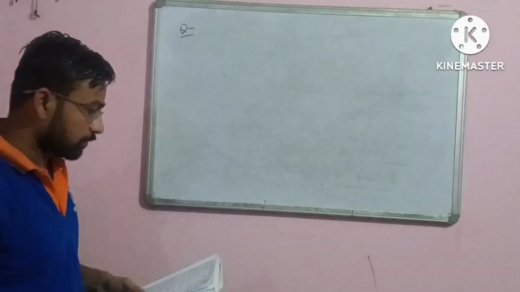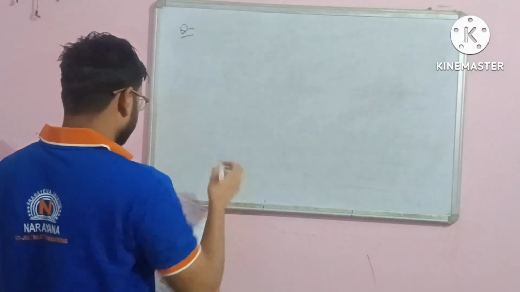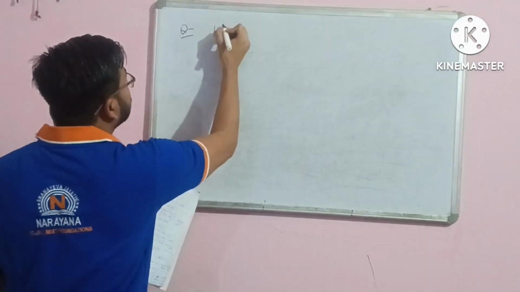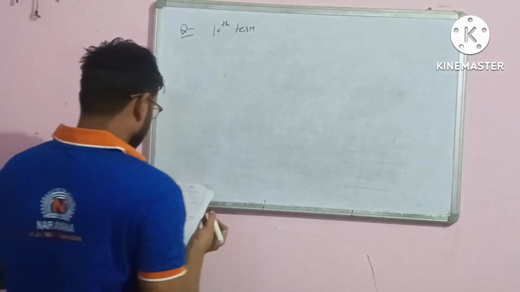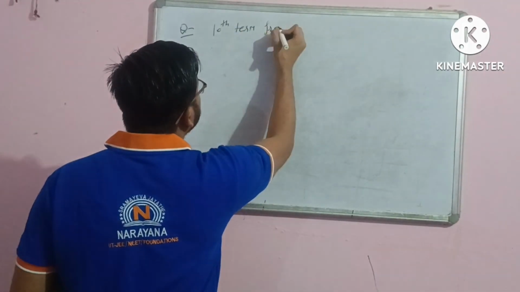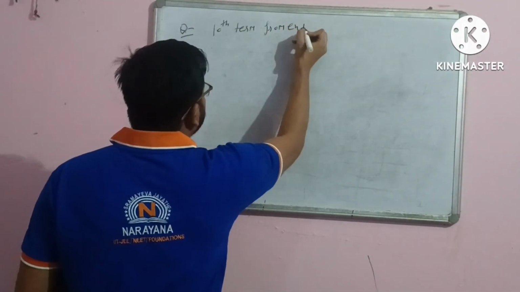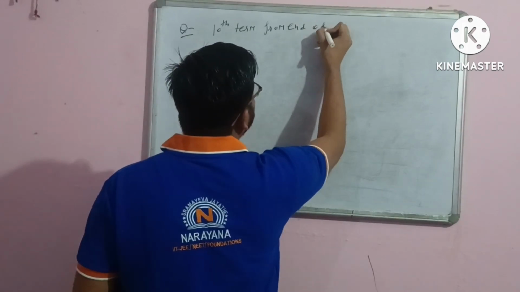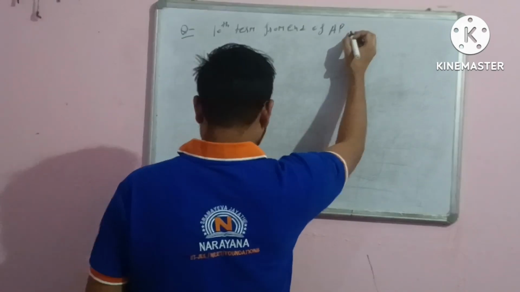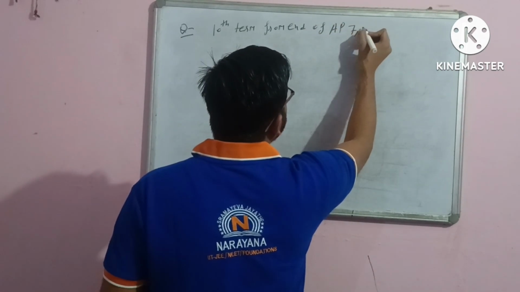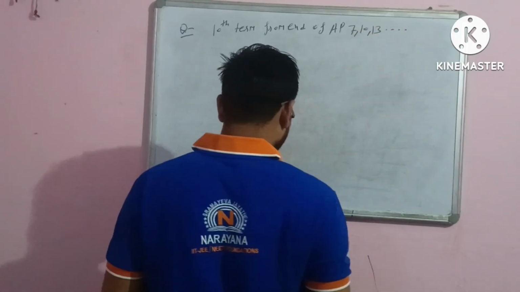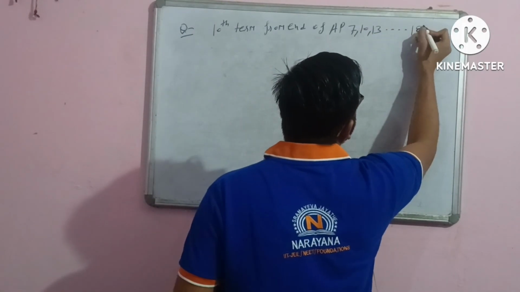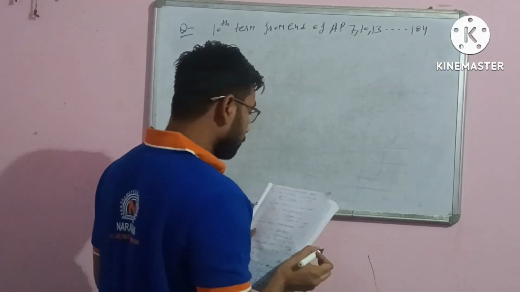Now we will solve the next question. Suppose we want the 10th term from the end of the AP 7, 10, 13, ..., 184. 184 is the last term of this AP.